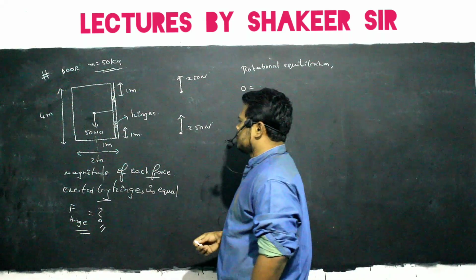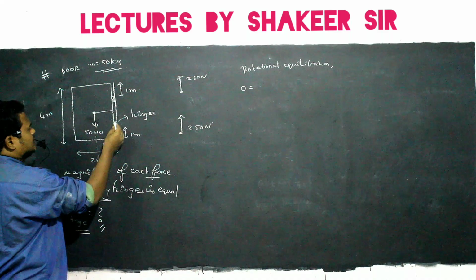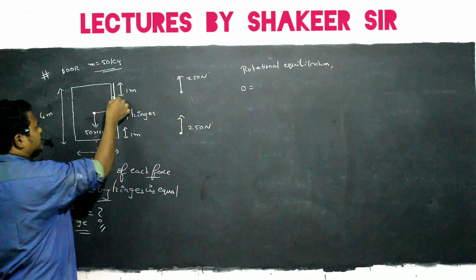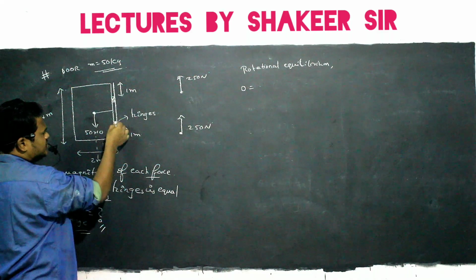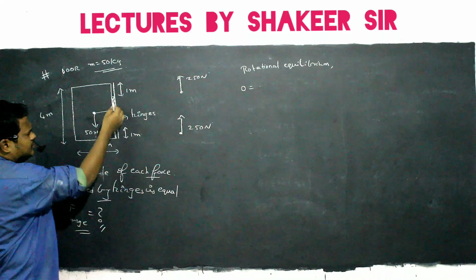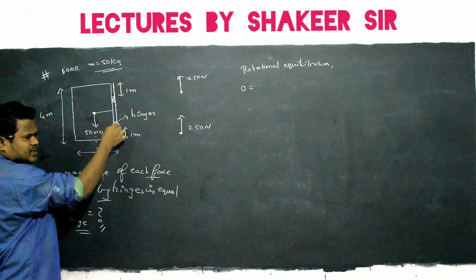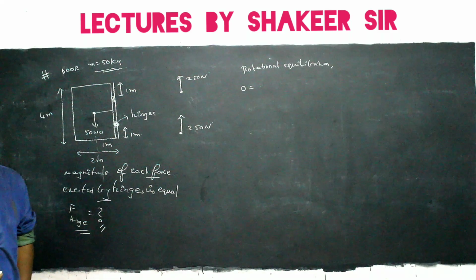So, at which point shall we take the torque equation? Here we can take, here we can take. If you take here, then you have to measure torques due to both of these. But if I take the axis here, then the torque due to this hinge will become 0, no? Are you able to understand?